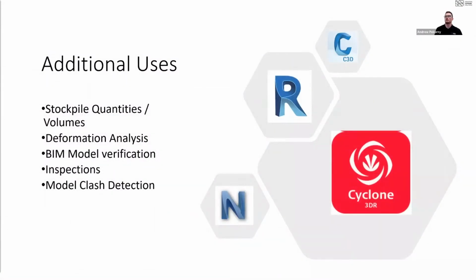Some additional uses of that point cloud beyond just the modeling: you can get your stockpile quantities and different volumetric numbers. Also, one that gets brought up a lot is tank deformation analysis. You get some of those large, high-volume tanks, or work with some high-volatility materials. You can see settling or different deformations in there, or leaning, and we can capture that information at a very high resolution.